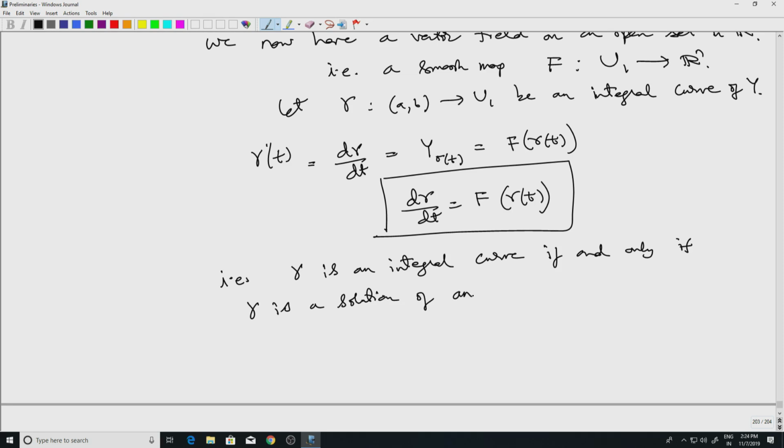Now this thing in the box I have written as a single equation, but recall that gamma is a function of one variable, while the target is an open set in Rn. So actually gamma t is gamma 1 t, ..., gamma n t. So there are n functions of one variable, and likewise f of x is f1 x, ..., fn x.